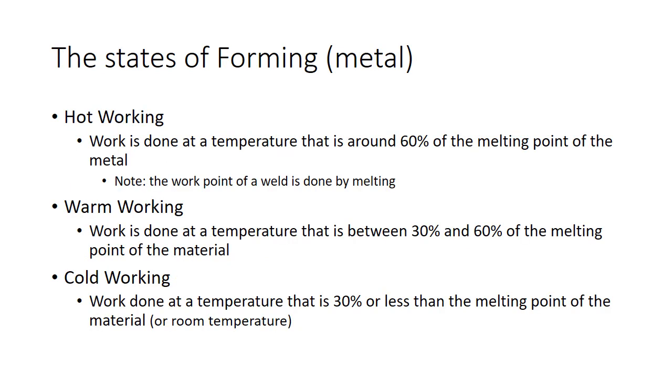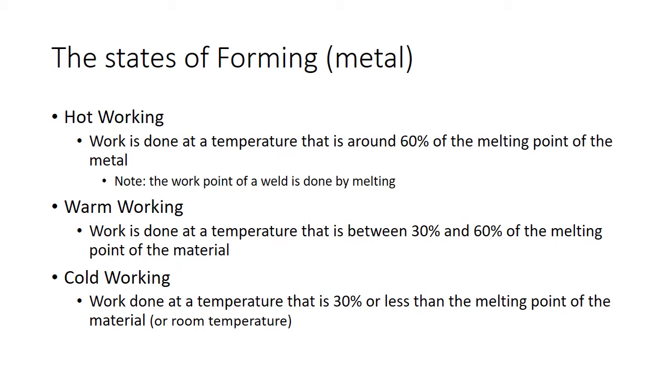If it's hot working, it's typically done at about 60% of the melting point. Now, there's a lot of metalworking that's done at the melt point, like welding, casting, which we'll be talking about in another presentation.